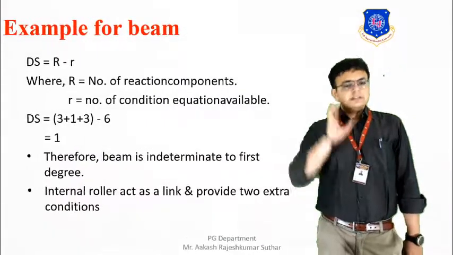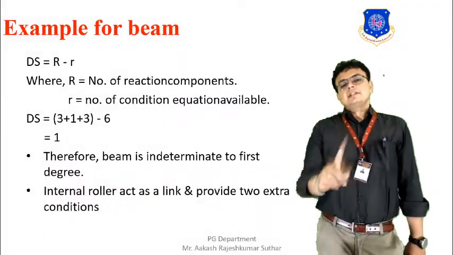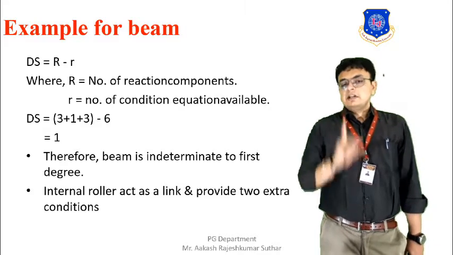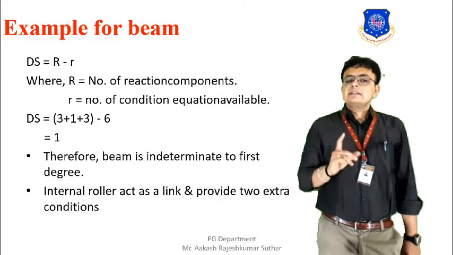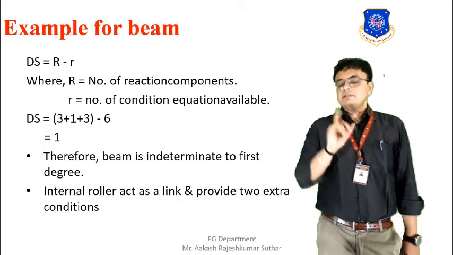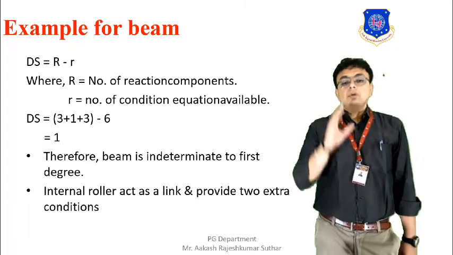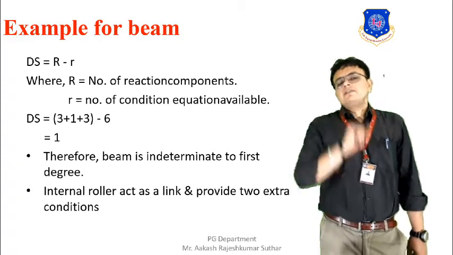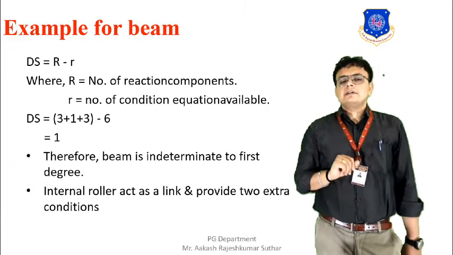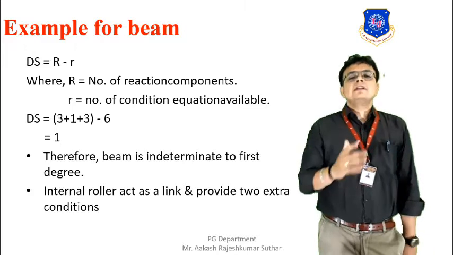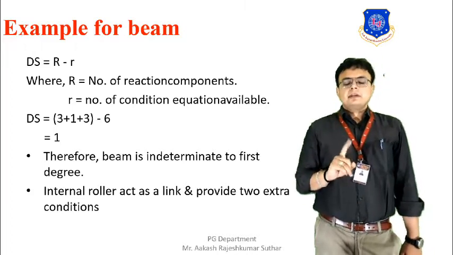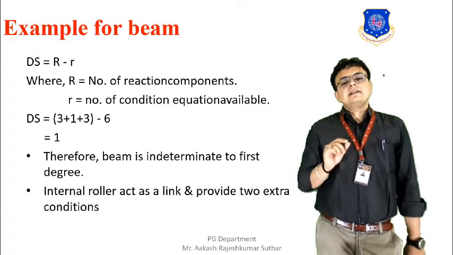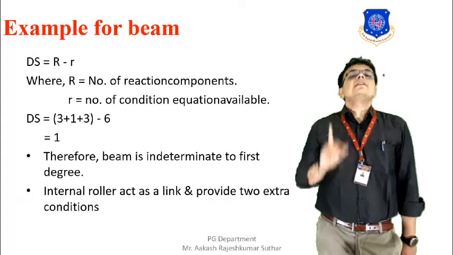So Ds will be equal to 3 plus 1 plus 3, that is 7, the total reactions available from the figure, minus the number of condition equations available, which is 6. After solving this addition and subtraction, finally the degree of static indeterminacy that we get for this beam is 1. Based on that, we can say that the given beam is an indeterminate beam to the first degree.